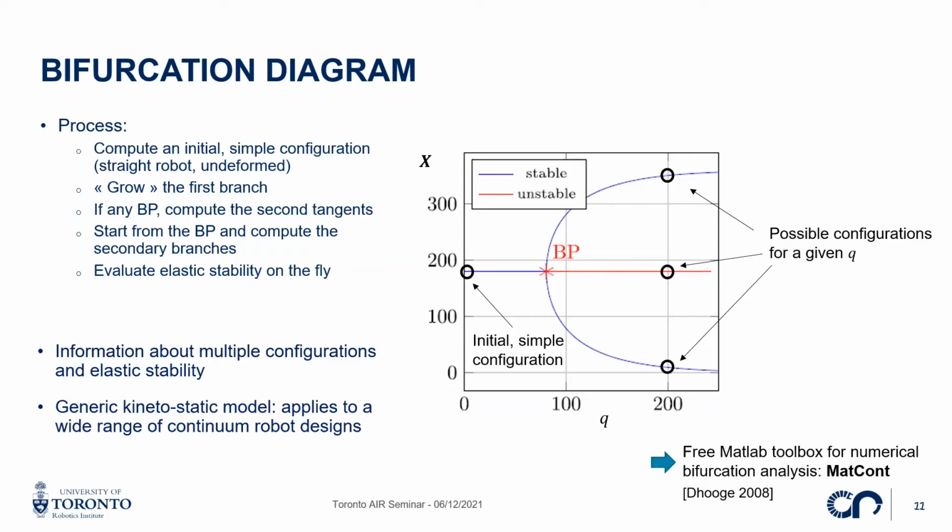These are off-the-shelf tools that we tried to gather and apply to continuum robots, and we depend on this model indeed. Basically, the research problem here is finding a good model, or good model parameters, so that the bifurcation analysis is meaningful.